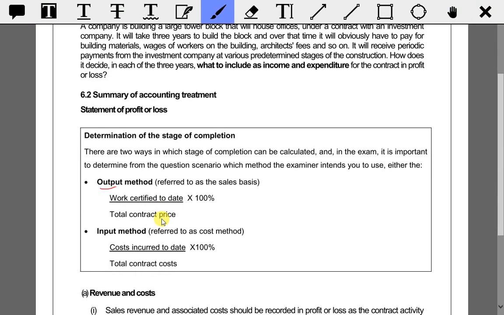One is output method, one is input method. Output is like your sales, so it's sometimes referred to as the sales method. Out, sell. Input method is when we buy, so in, that's why it's also known as cost method. So two methods.